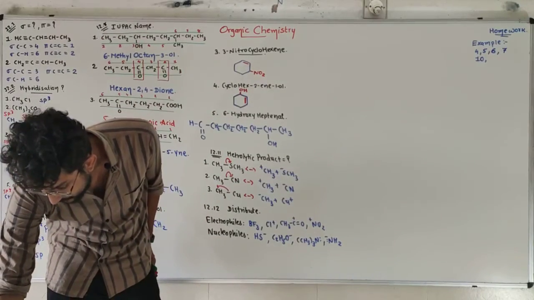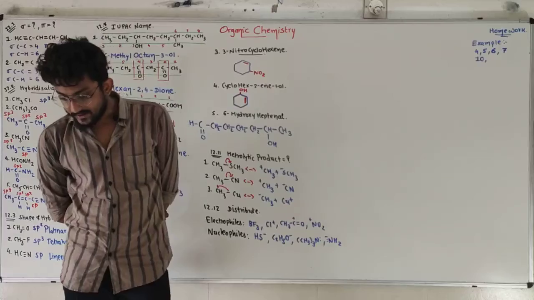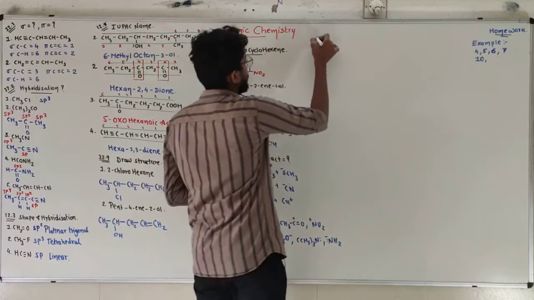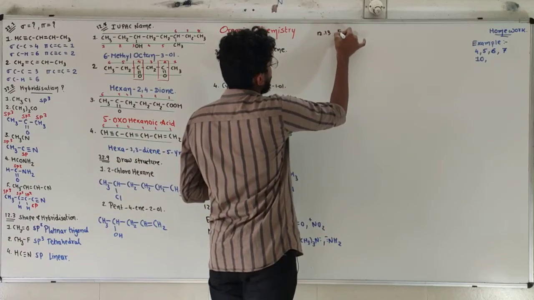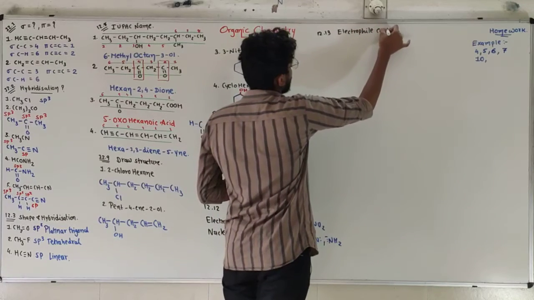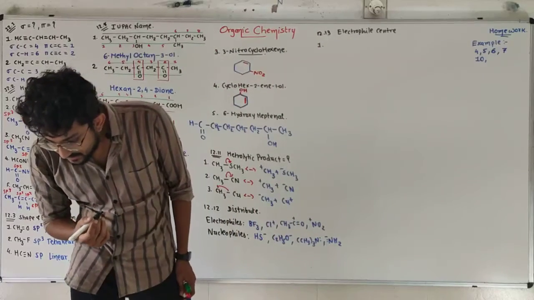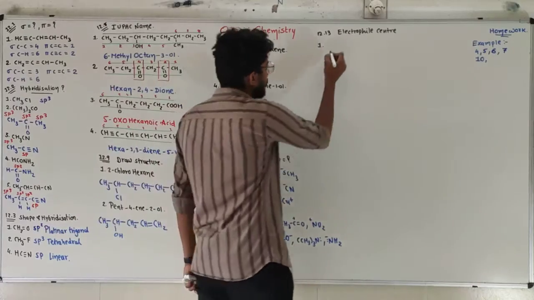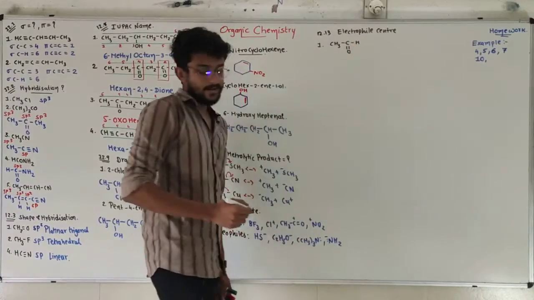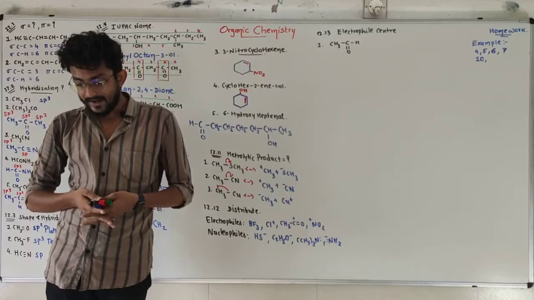After that we have problem number 13. Identify the electrophile center in the following compounds. Problem 12.13, electrophile center. In the first compound, CH3C double bond O and H, this is our compound, and we have to find the electrophile center.